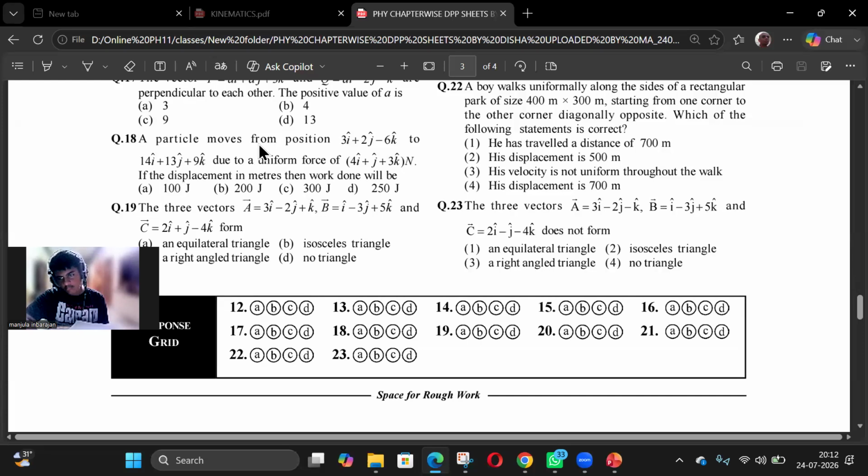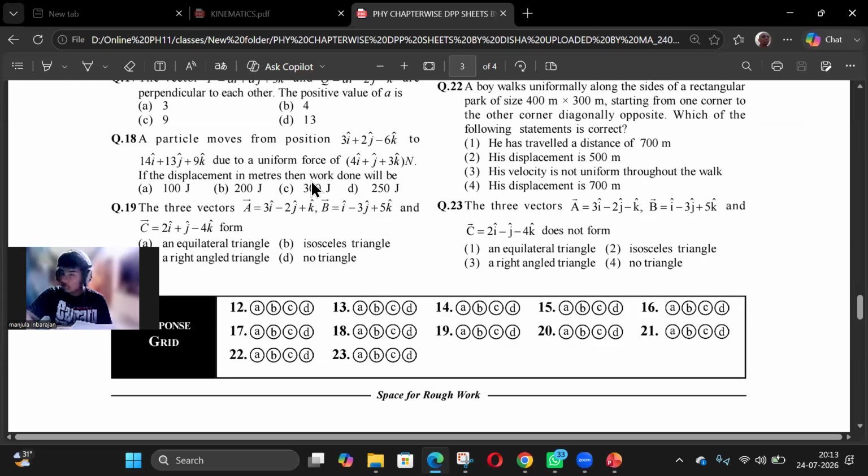Question number 18. Work done is F dot ds for small displacement, but when the force is uniform, it will become total work, F dot S. S is R final minus R initial.